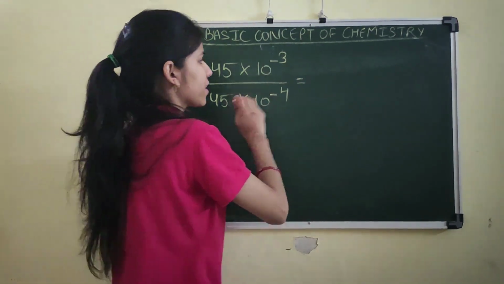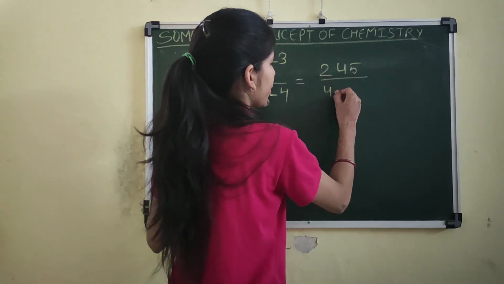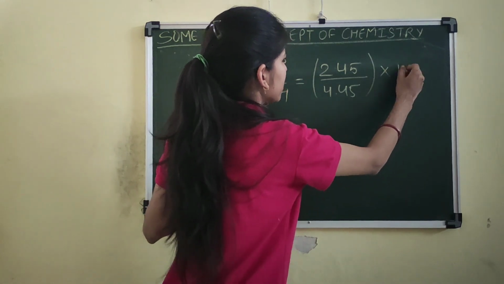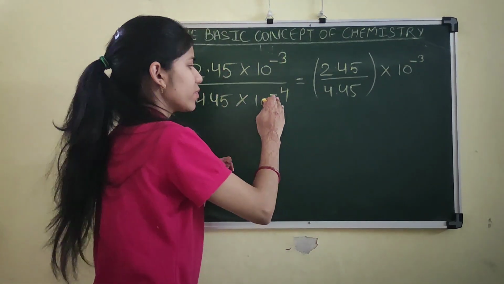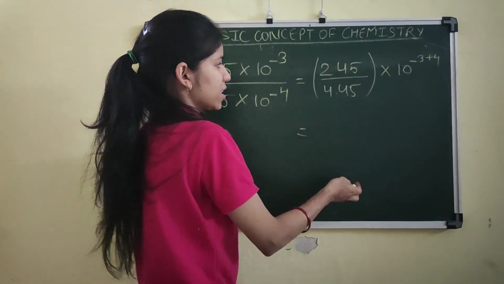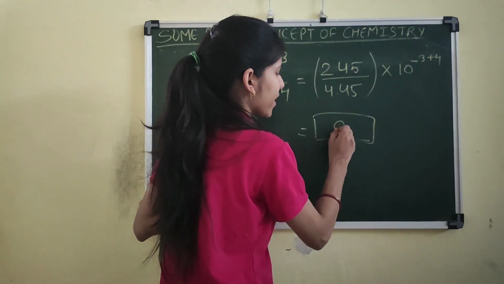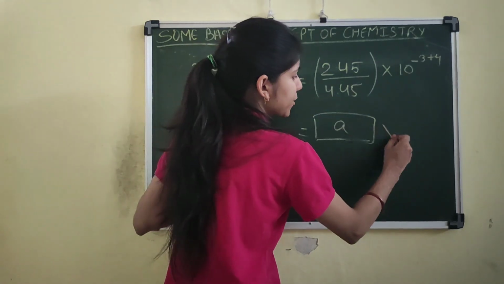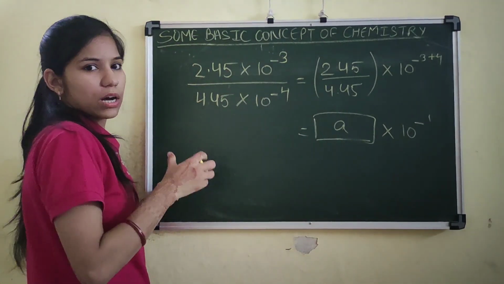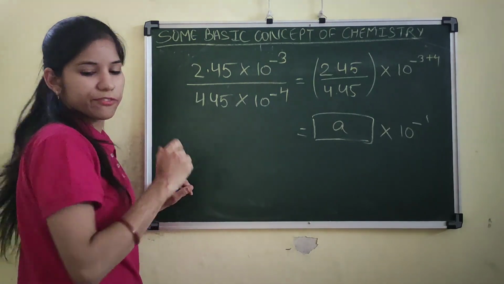This equals 2.45 divided by 4.45 into 10 to the power minus 3 minus minus 4, so the power becomes minus 3 plus 4, and the answer is some value A into 10 to the power minus 1. This is the method we apply in scientific notation.